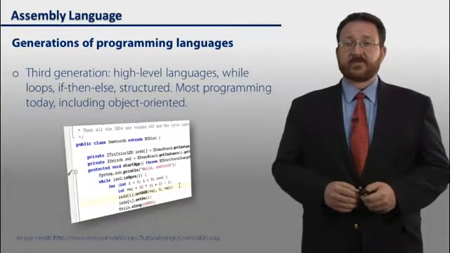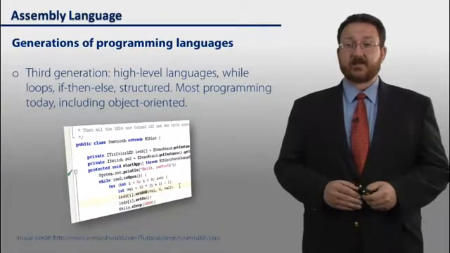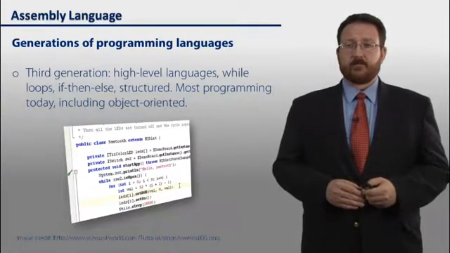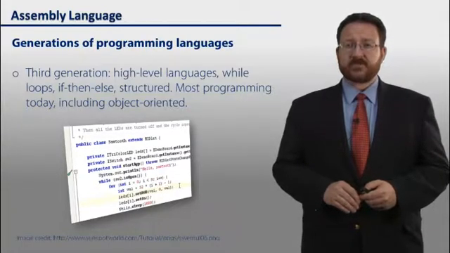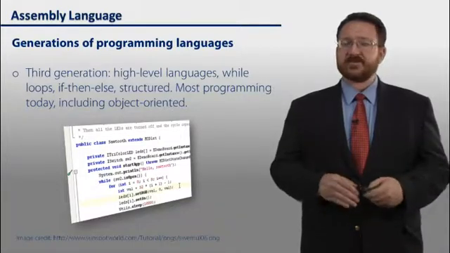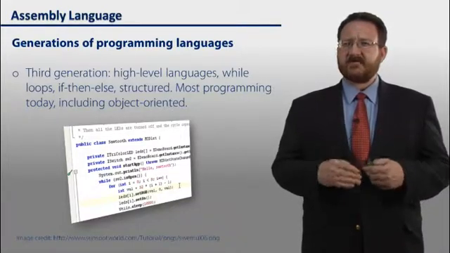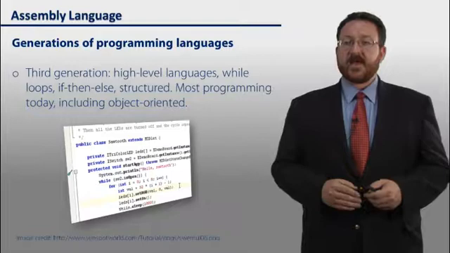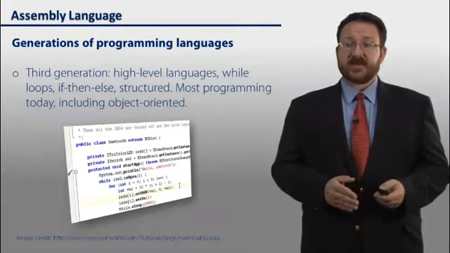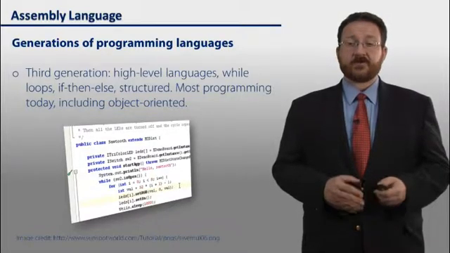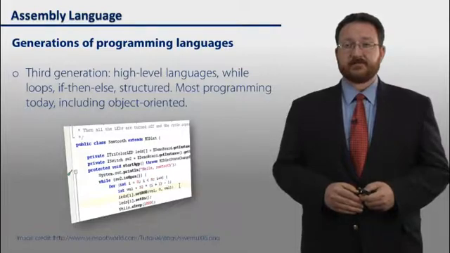The third generation of programming languages were high-level languages, and these are the ones that we mostly think about when we think about programming. So these include things like while loops and if-then-else structures and functions and so on. And most programming languages today, including those that are object-oriented, are third-generation languages.